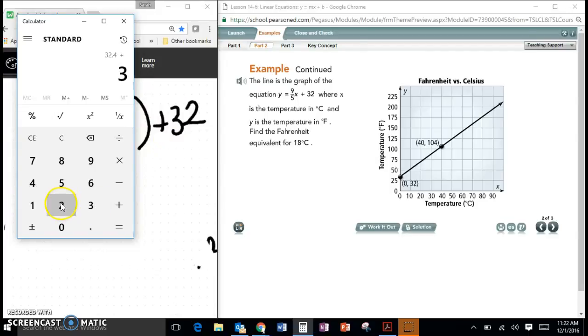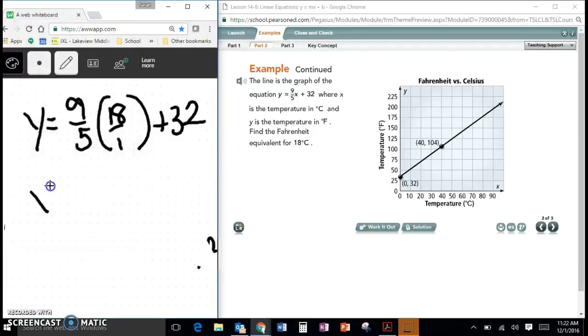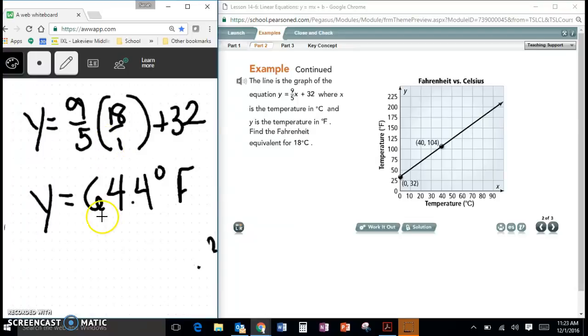So plus 32. My answer would be 64.4 degrees Fahrenheit. y equals 64.4 degrees Fahrenheit. That's just simply substituting in and solving. And a lot of times in math, we call that evaluating an expression. All right, let's head to the next part.